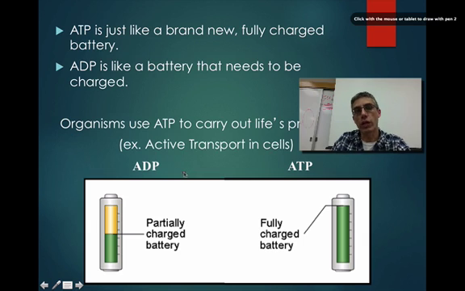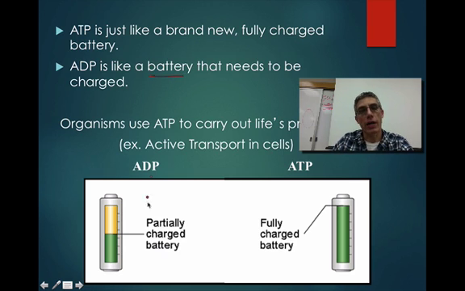Now in our previous screen, I had referenced ADP and ATP as being somewhat charged and fully charged. If you notice on this screen and in your textbook, it's going to compare ATP and ADP to a battery. If you think about a battery that's only half charged, that actually represents the ADP molecule.